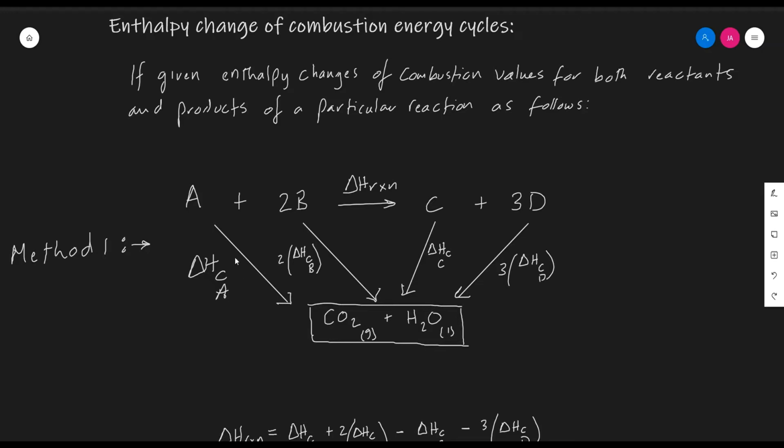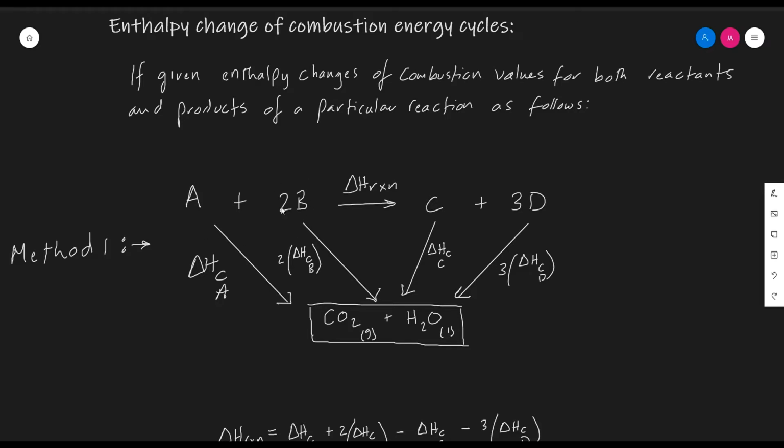When 1 mole of A is combusted completely, it would form CO2 and H2O. Thus, I can draw an arrow from A towards CO2 and H2O as the enthalpy change of combustion definition states, and I would multiply the enthalpy of combustion of A by 1, since there's only 1 mole of A being combusted here.